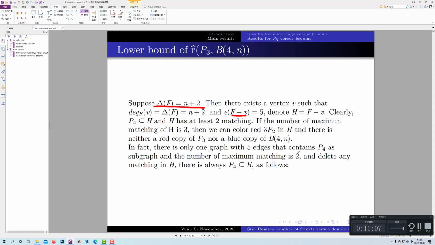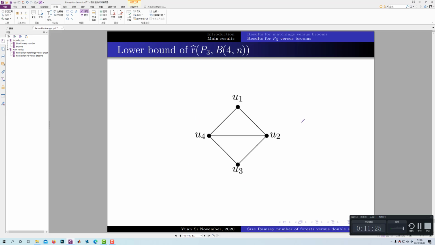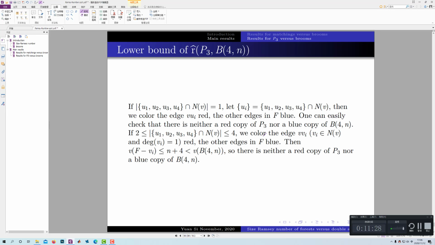F minus v must satisfy such a condition: the maximum matching is 2, it contains a P4 as a subgraph, and after deleting any matching of H, there is always a P4 in H. So this graph can only be these 5 edges. In this case, we color this edge red, and we notice that the number of vertices is less than before.